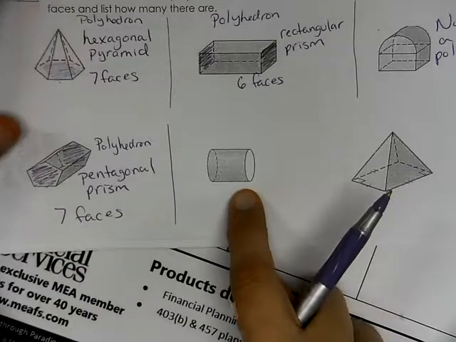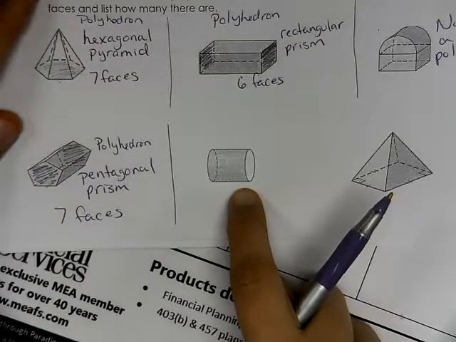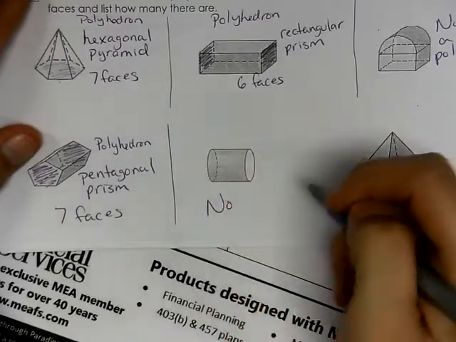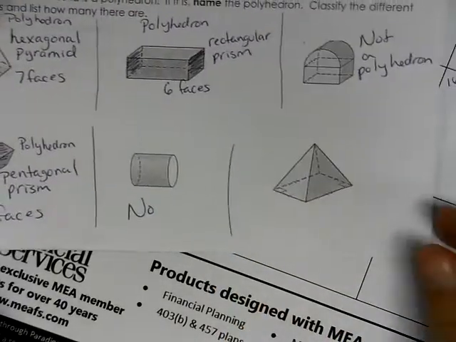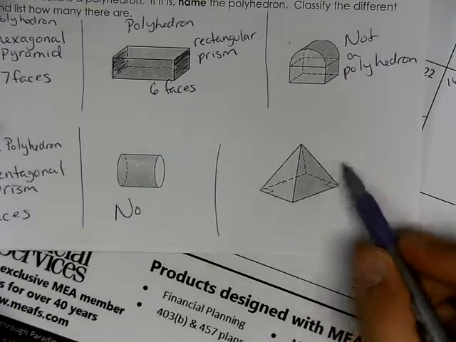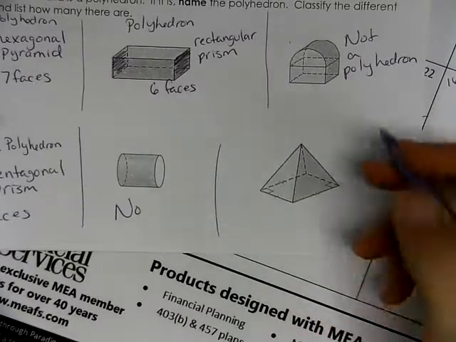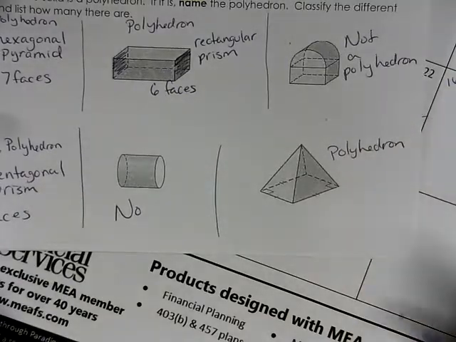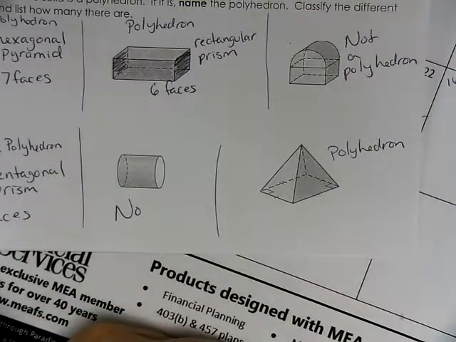Is this a polyhedron? Does it have all straight lines? No. We'll just say no. Last one. Is this a polyhedron? What do you think you're going to call that? What kind of pyramid?